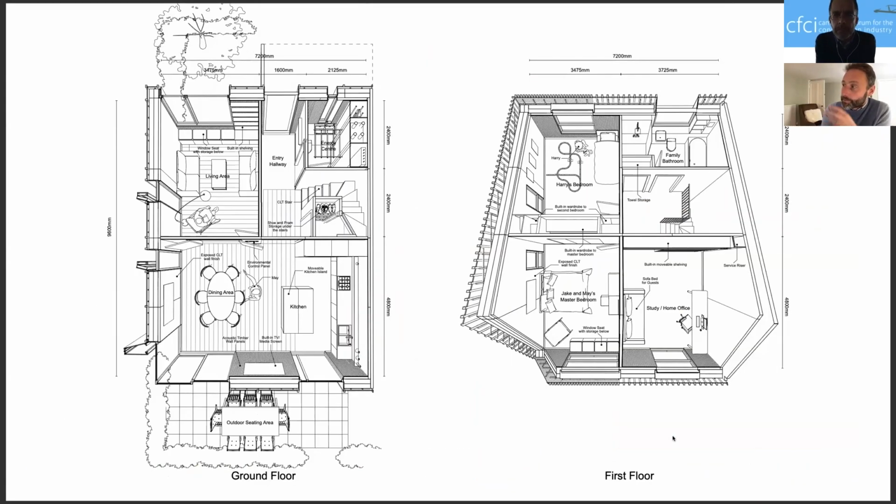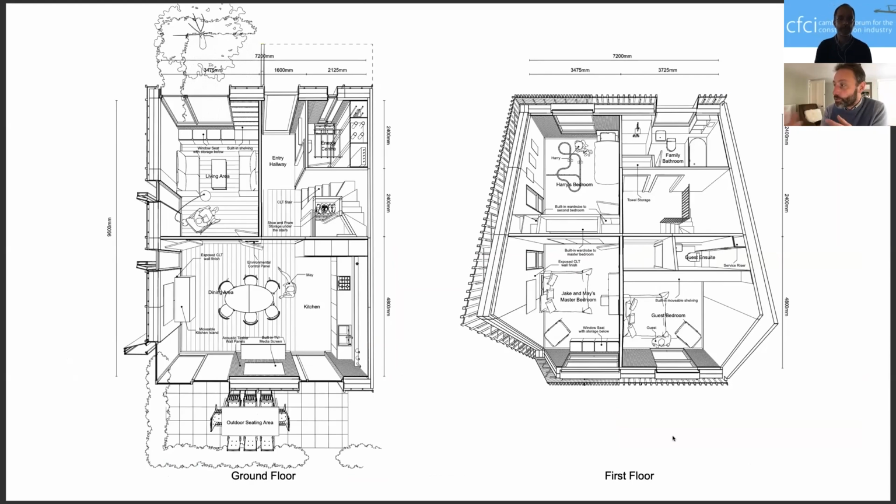So in terms of adaptability, this is a plan of our two-story building. The key here again is allowing users to adapt. I think this is one issue about modular design, that you're not always able to allow users to adapt their houses over time. Even though there are some CLT elements which we need to retain, there are many which you don't.